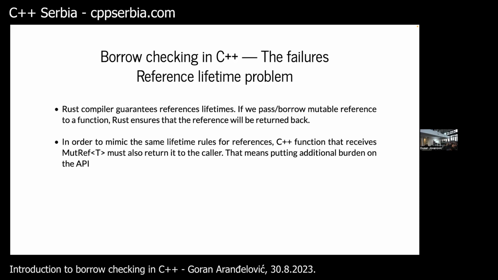You cannot steal the reference in Rust from some scope to another. Its lifetime is guaranteed. In C++, you don't have such guarantees. If you use a mutable reference, for example, you have to consume it, access the object through it, whatever, but you have to return it back.